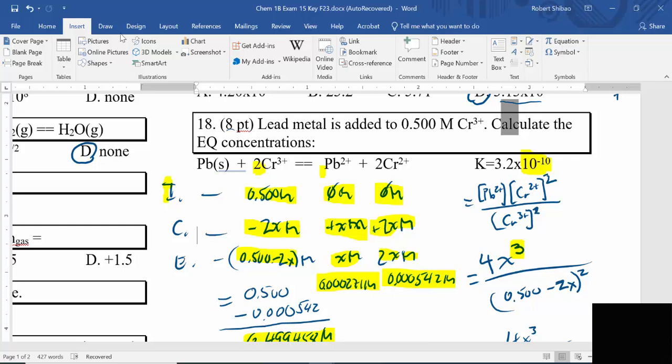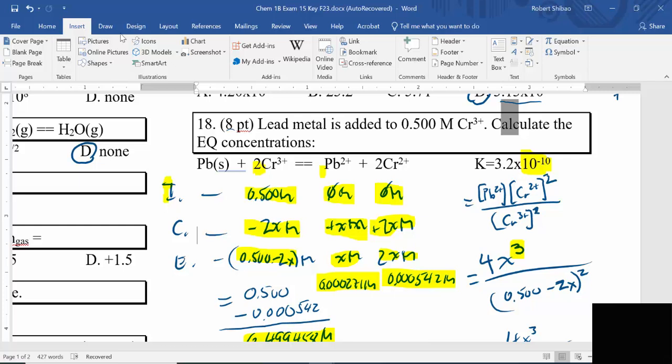A lot of people forget the square here. These are the coefficients here. Sometimes it's squared, cubed, whatever. But anyway, we're going to plug this in. x times 2x quantity squared would be 4x squared times x is 4x cubed. So that's where this comes from, 4x cubed.